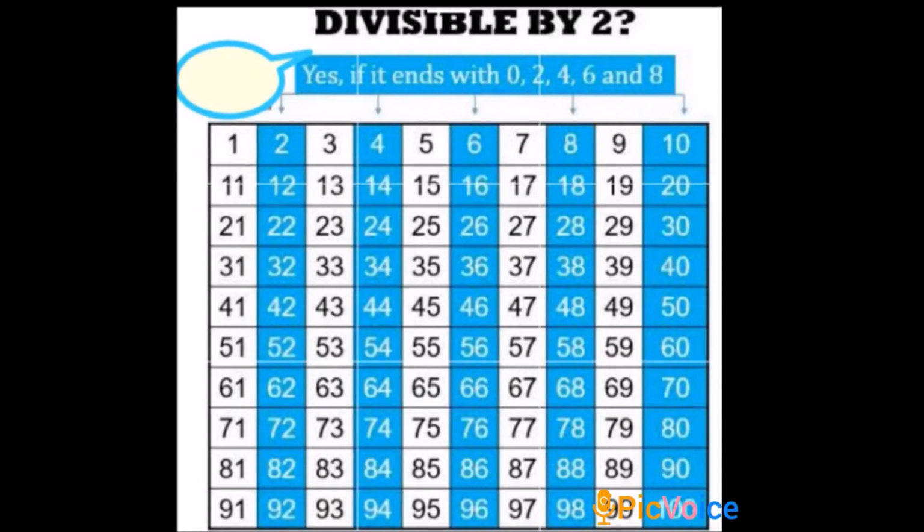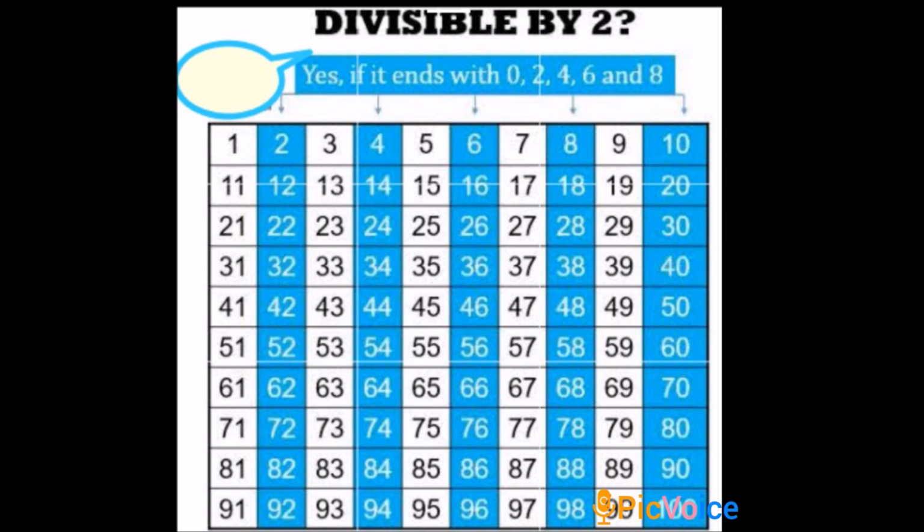See the chart, students. What are you seeing? You are seeing the numbers from 1 to 100. Among these numbers, observe the numbers highlighted in blue. They end with 2 or 4 or 6 or 8 or 0.